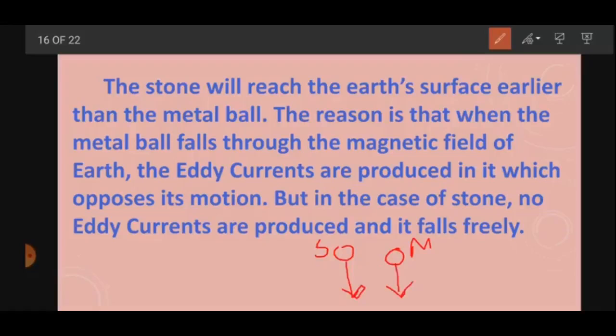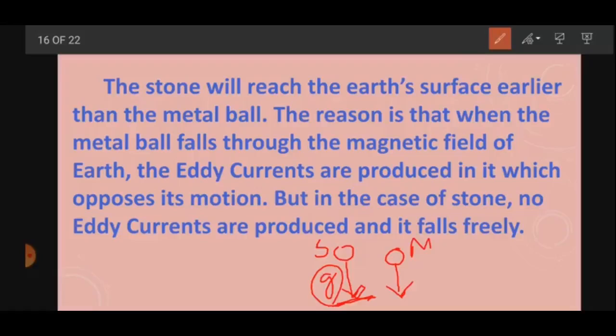So now listen. The stone will reach the earth surface earlier than the metal ball, because gravity force will be acting. Understand? The stone will reach the earth surface earlier than the metal ball.